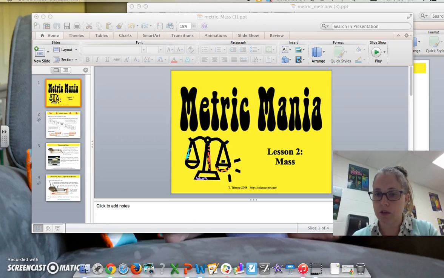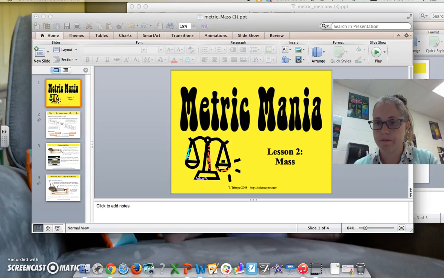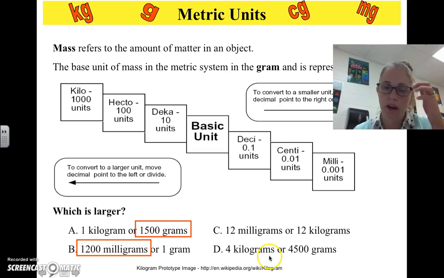Now we are going to do 12 milligrams or 12 kilograms. You guys already know kilo is way up here, milli is way down here. So by reason, you could probably say 12 kilograms is going to be way bigger, right? But if you wanted to convert, you could. It is probably easier to turn the kilograms into milligrams.